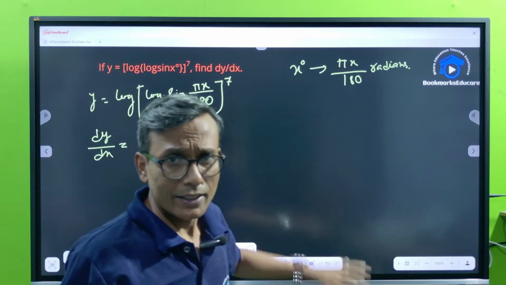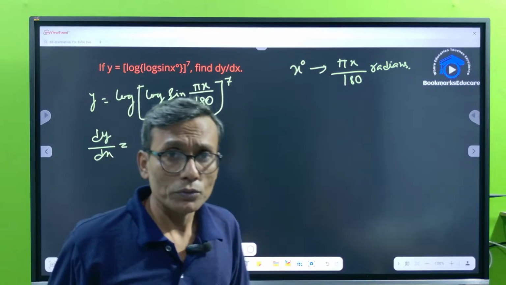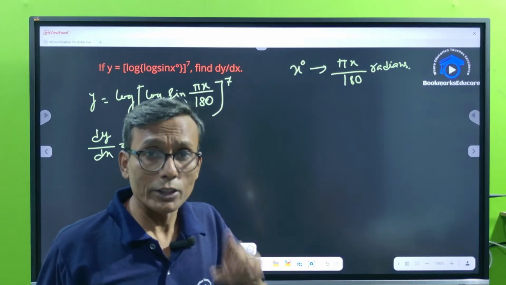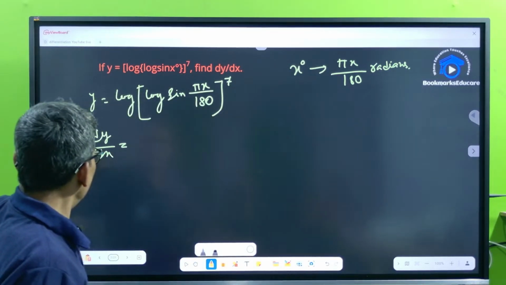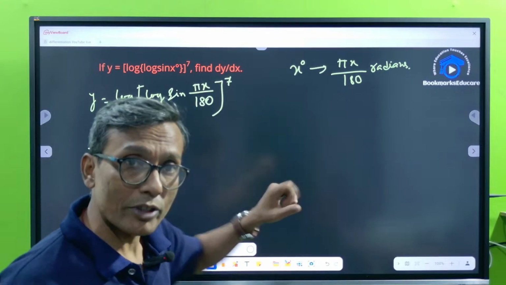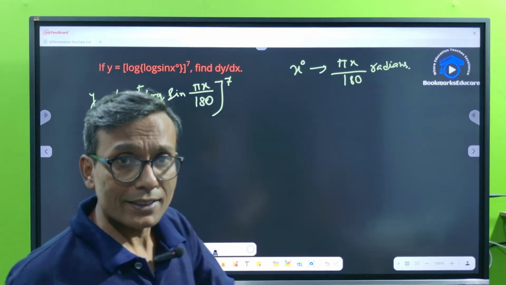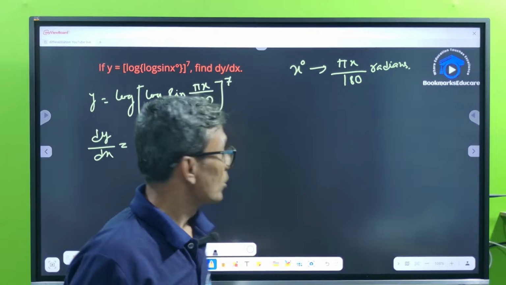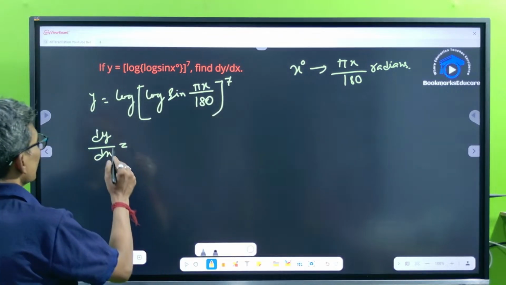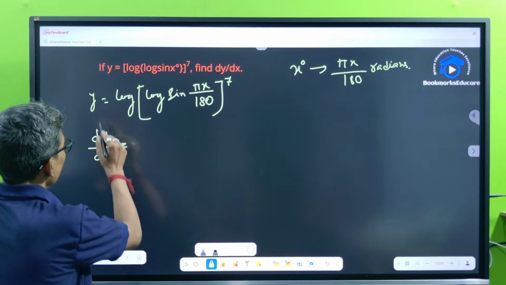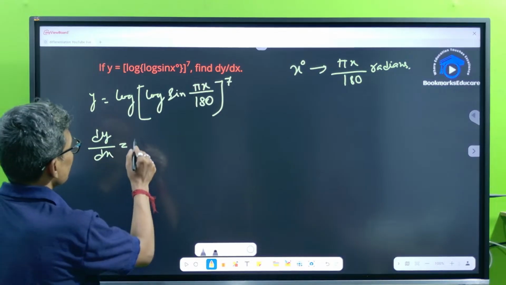I didn't write it, but all of you students need to write, differentiating on both sides with respect to x. This you have to mention.